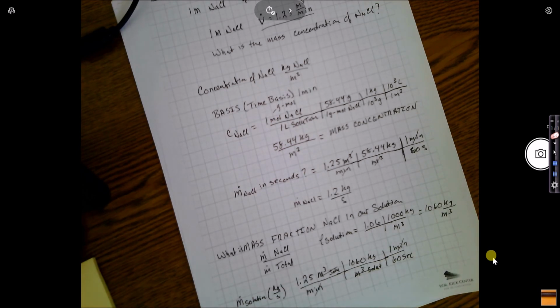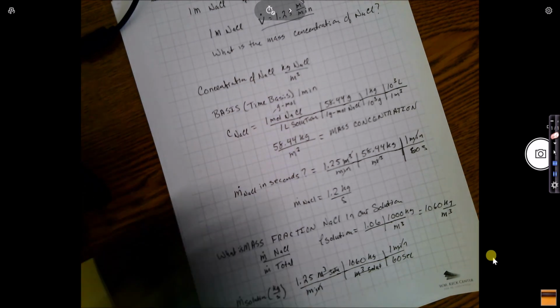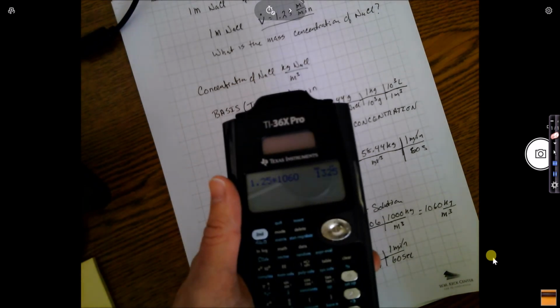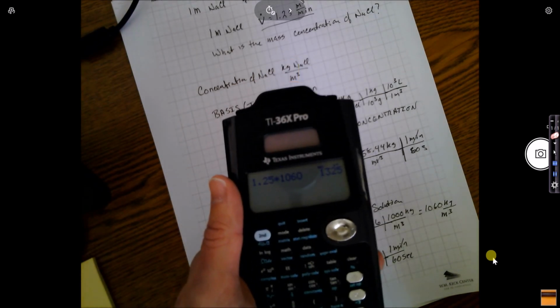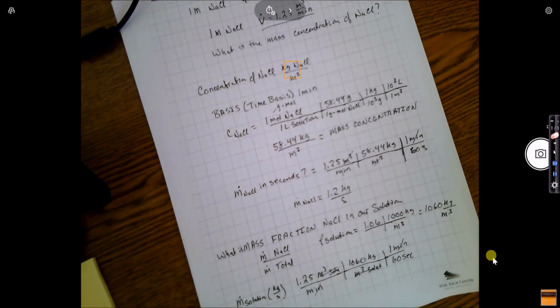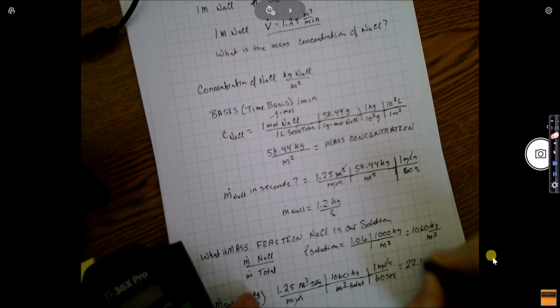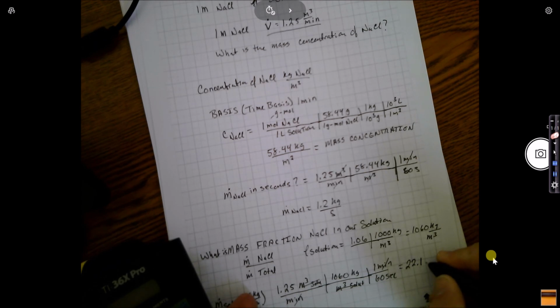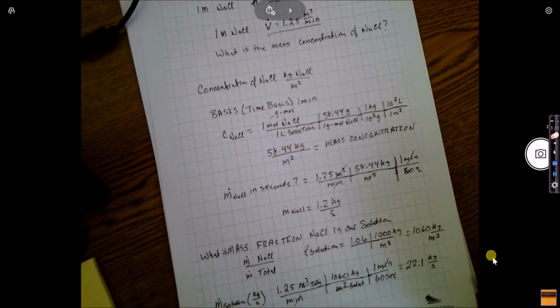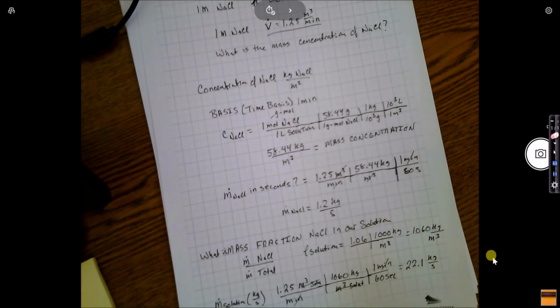So 1.25 times 1060, I've been showing the intermediary steps, gives 1325. Divided by 60 seconds, I got 22.1 if we round up, kilograms per second. I'll double check. Yes, 22.1 kilograms per second.